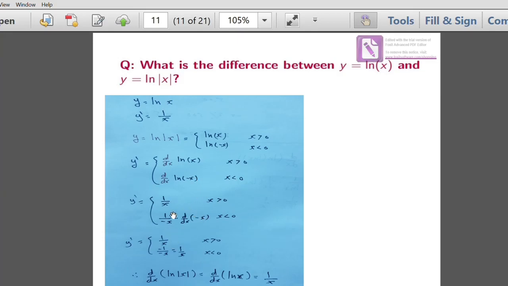This one will be 1 over minus x multiplied by minus 1, so minus 1 over minus x will be 1 over x. If you compare the derivative when x is greater than 0 and when x is less than 0, you will see it is the same, 1 over x. So we conclude that the derivative of ln of the absolute value of x is equal to 1 over x. So whenever you find an absolute value inside the ln, to find the derivative, just take it as normal without the absolute value.